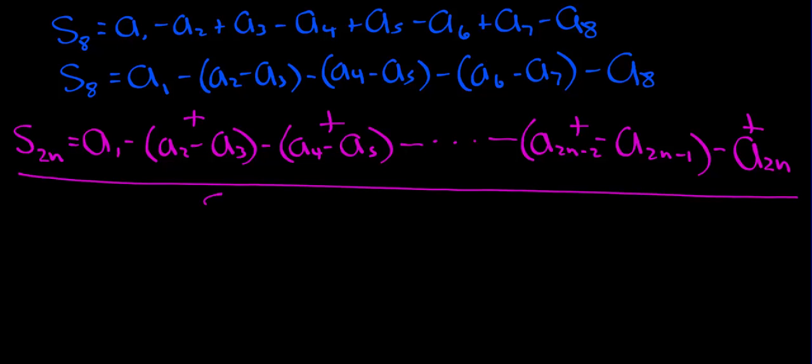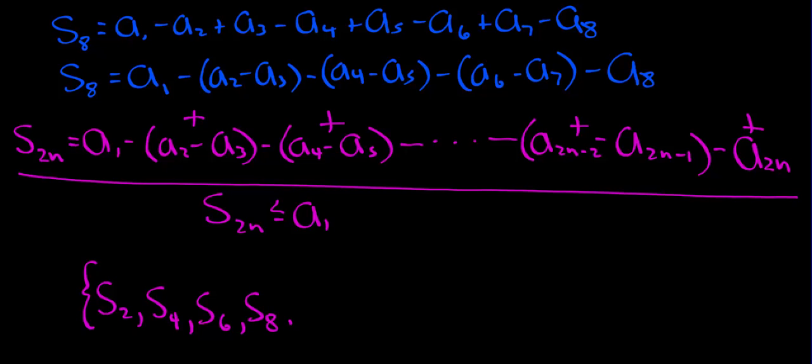So what we know here is that S sub 2n is bounded. So think about this sequence of values. We have the even sequence: S2, S4, S6, S8, all the way out to S2n.